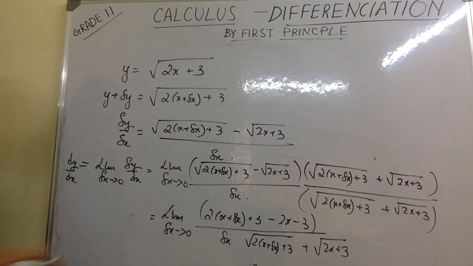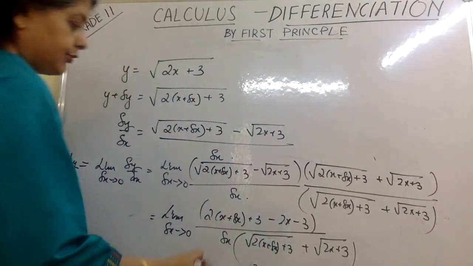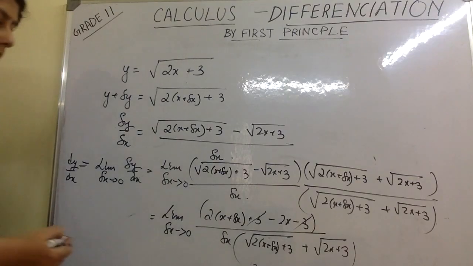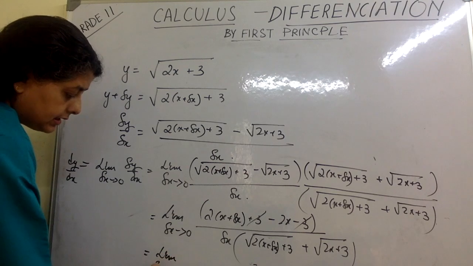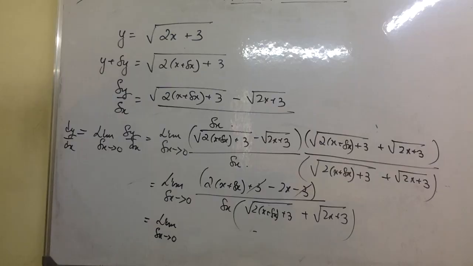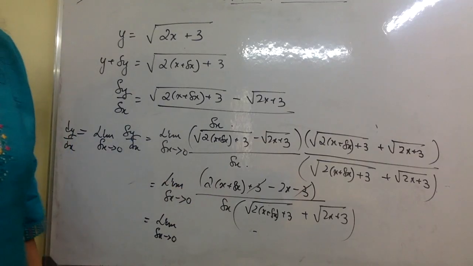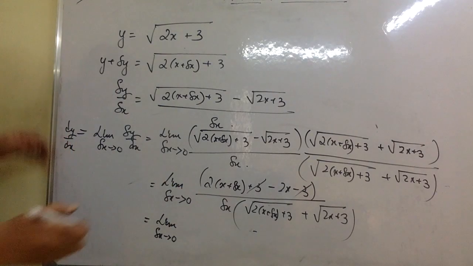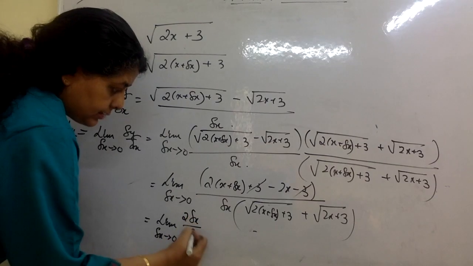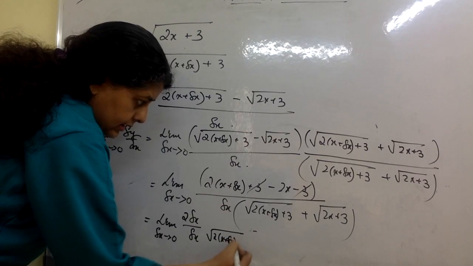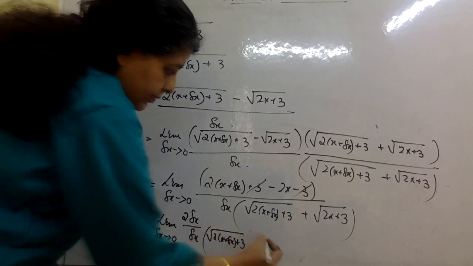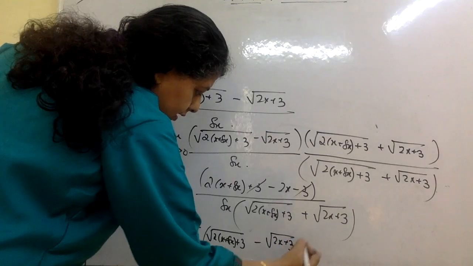So we can cut this out. So what we are going to get now is limit del x tends to 0, and this 2x is also going to cancel. 2 del x by del x, and here root 2x plus del x plus 3, plus root 2x plus 3.